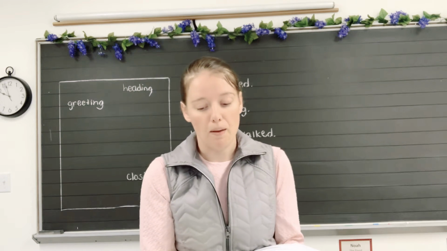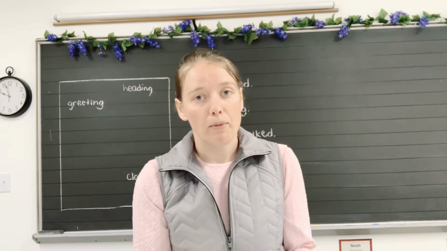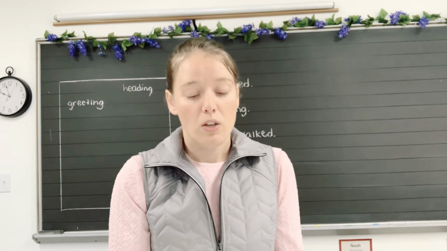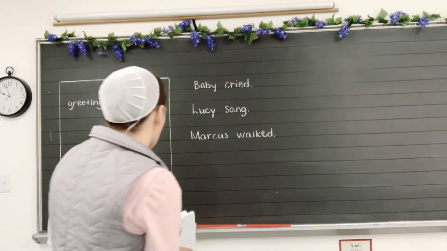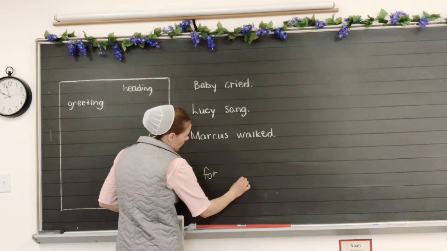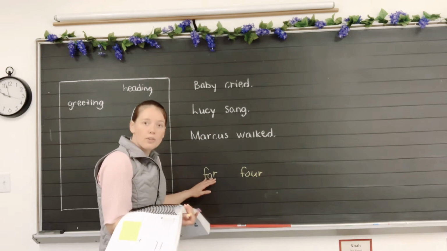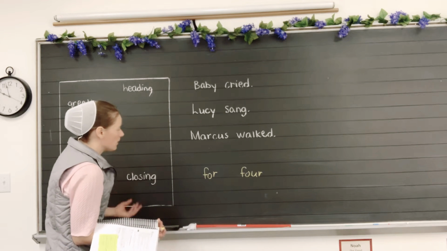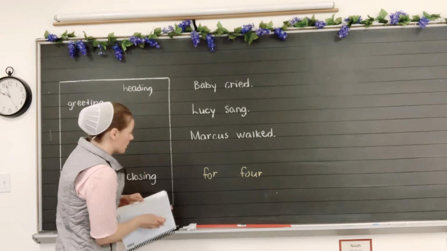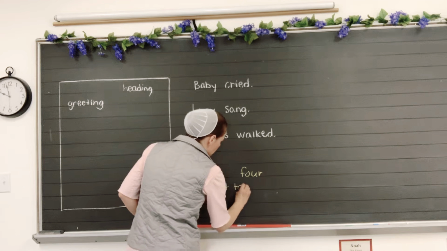Give a sentence with the homophones for and four. So homophones sound alike, but they mean entirely different. So we have the word for, this word, and we also have this word. So we want to give a sentence for this word. Well, we could say, I went to town for cookies.